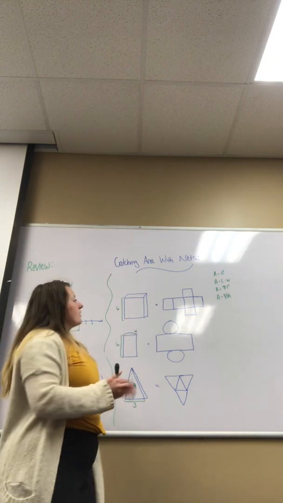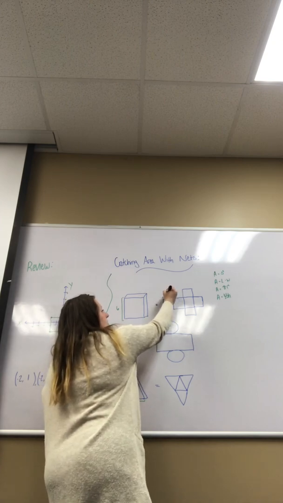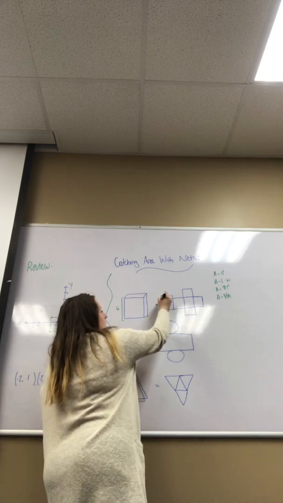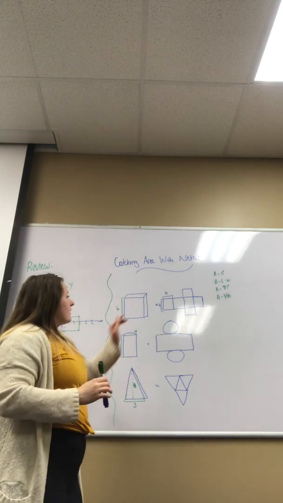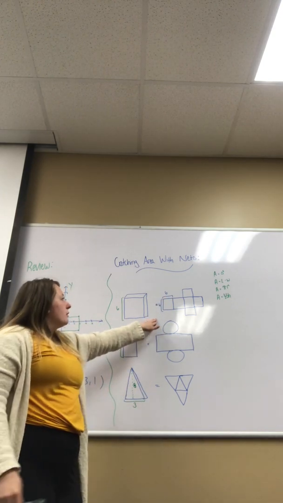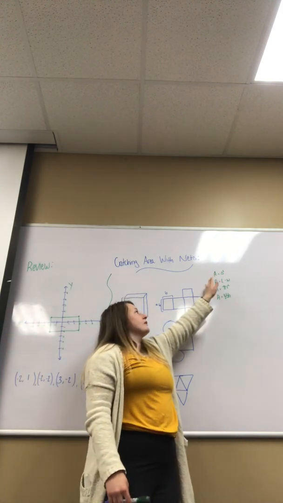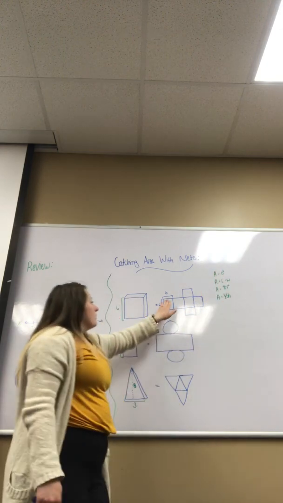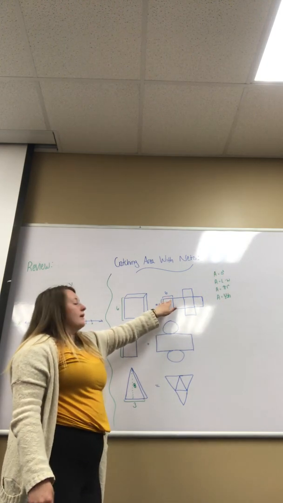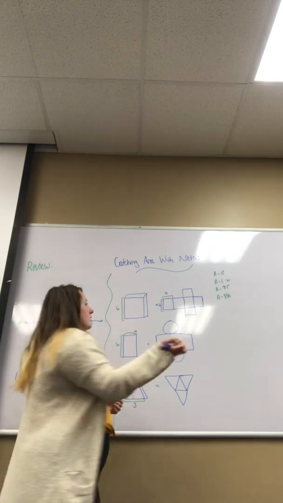So now over here, we know that this is 6 and this side is 6, right? So to find our surface area for this cube, we're going to have to use the formula for a square, A equals S squared. So the surface area of this square right here is 6 times 6, which is 36.